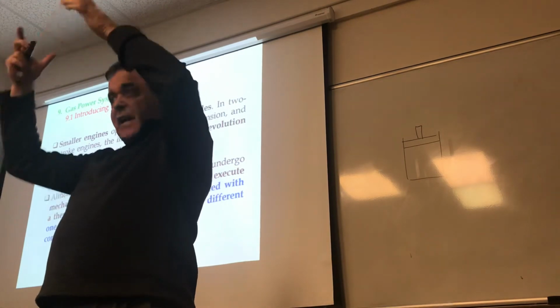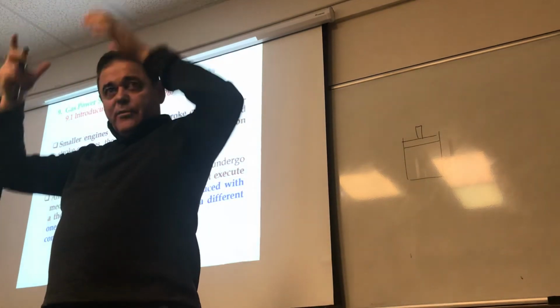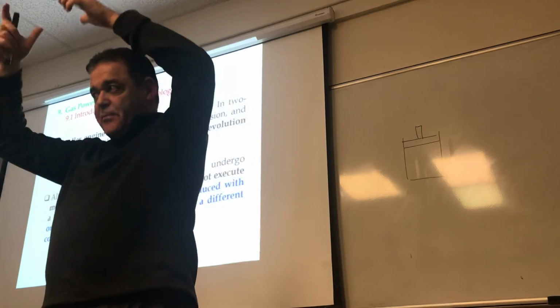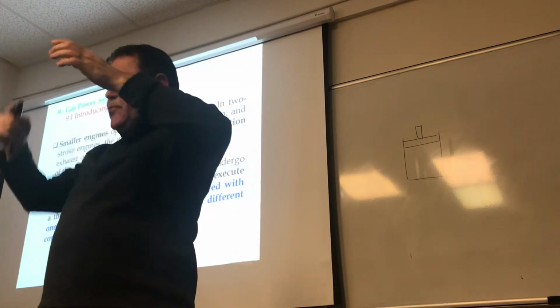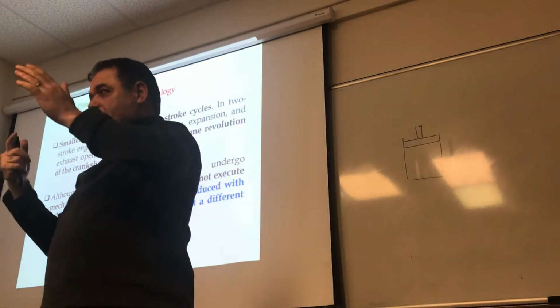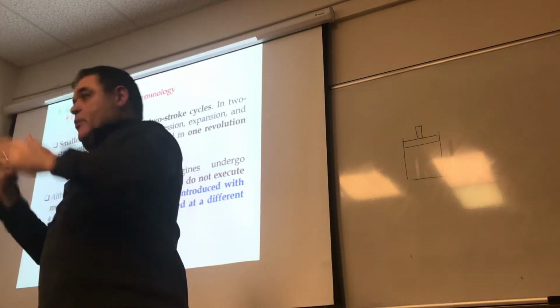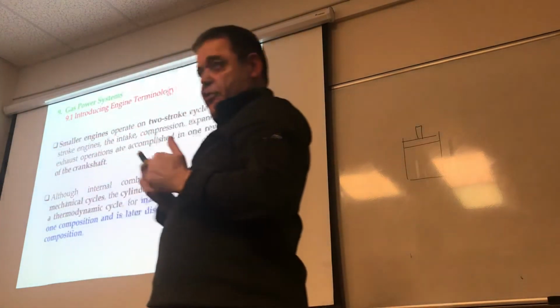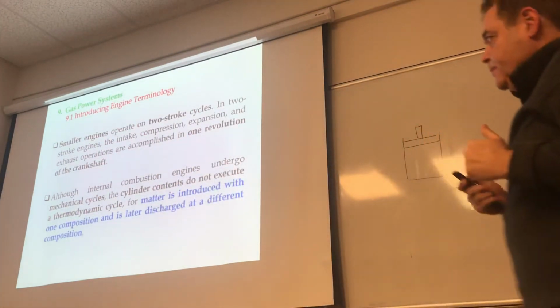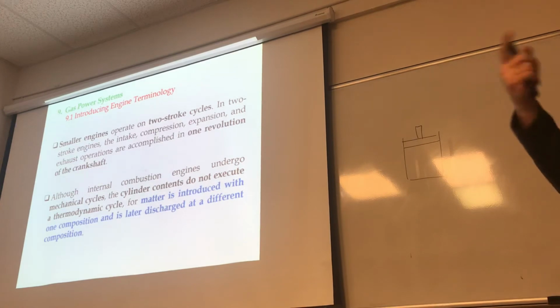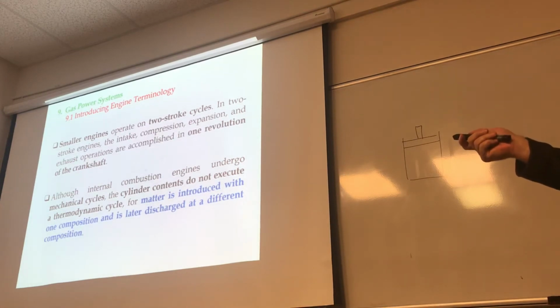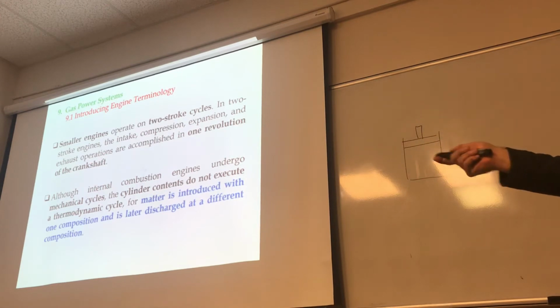The valves are actually right there on the cylinder itself, right? So as the piston goes down, one valve opens and then the other one opens. So the exhaust and the inlet are not done separately, but in conjunction with the piston moving, they're done automatically. That's why you can get two strokes with one revolution of the crankshaft.